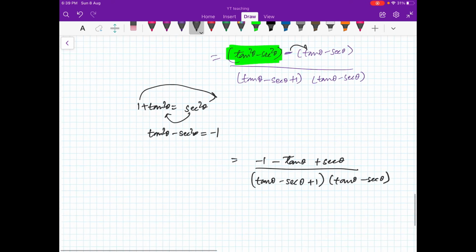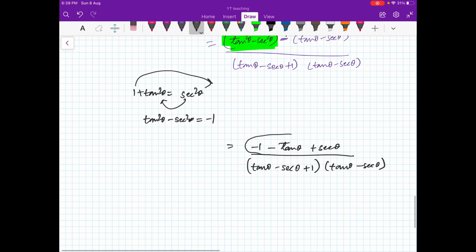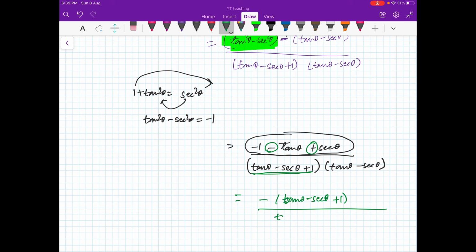Now what you do, in the numerator you take minus 1 out. Why? Because we can see in the denominator the term which can be cancelled. So you bring minus 1 out, and you'll get tan theta minus secant theta, this with negative sign will become positive, and this will become negative, plus 1. And in the denominator you have tan theta minus secant theta plus 1 into tan theta minus secant theta, right?